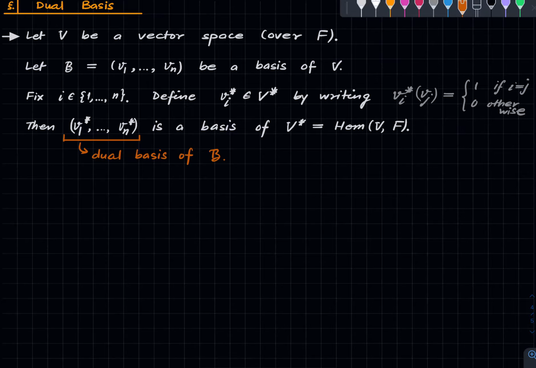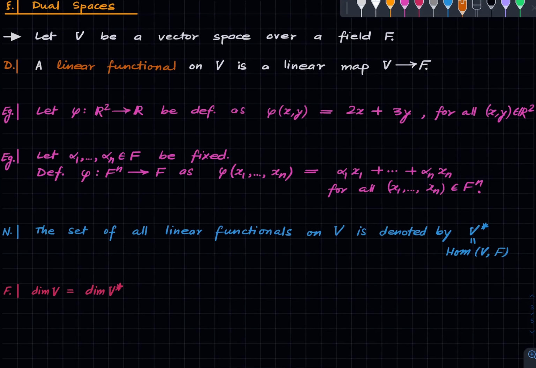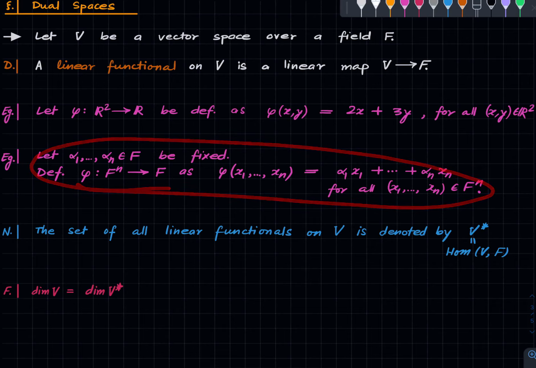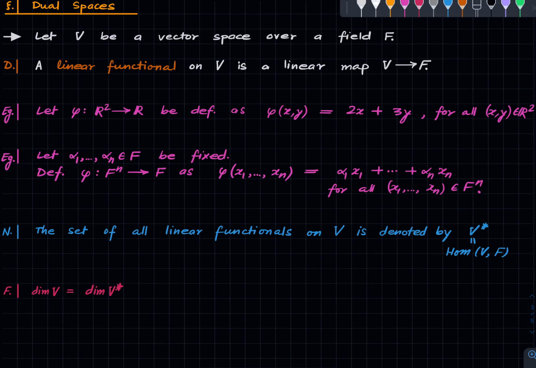And I wanted to comment on why these are all linear functionals. I will probably leave this as an exercise, but let me hint at a proof of it. We already know that the dimension of the dual of this space is n, because the dimension of this space is n.